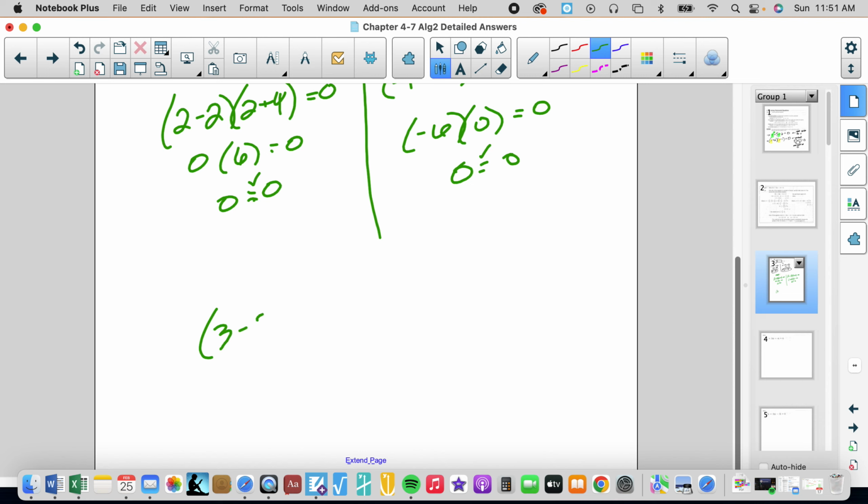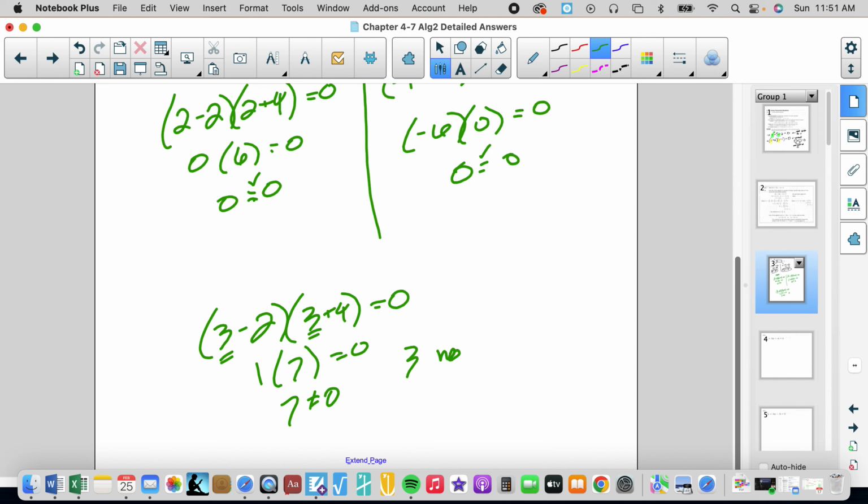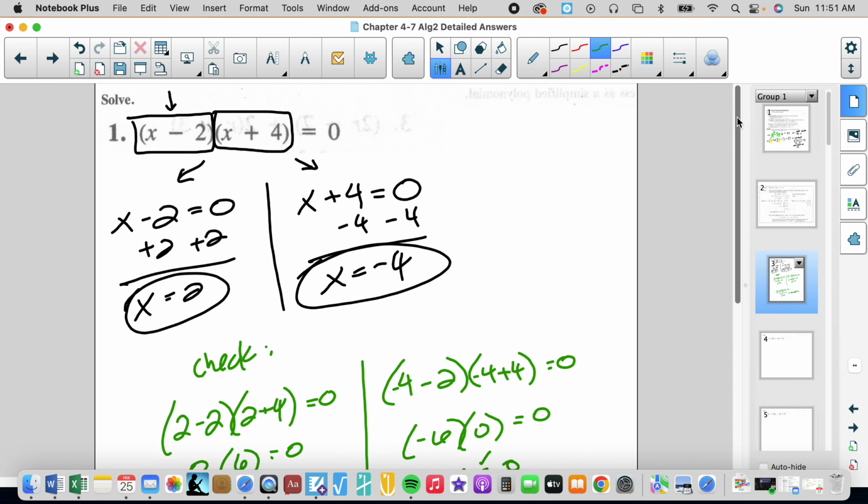What if we have 3 minus 2 and 3 plus 4? Well, that's 1 and 7, and 7 doesn't equal 0. So we know that 3 is not a solution. The only ones that can make one of those 0 would be -4 and 2. So we would write our solutions in a solution set.